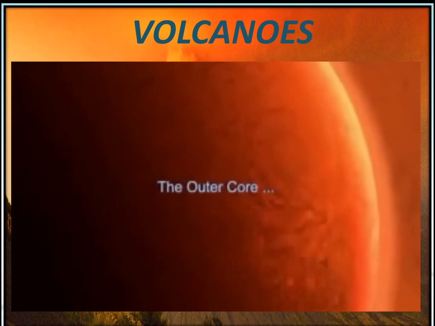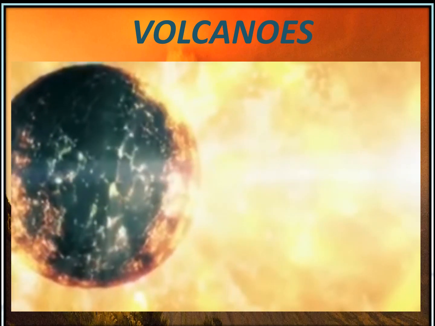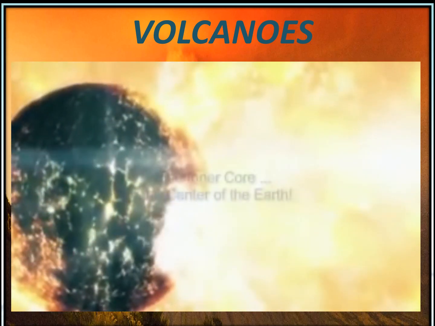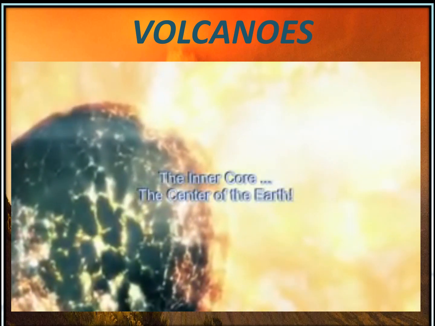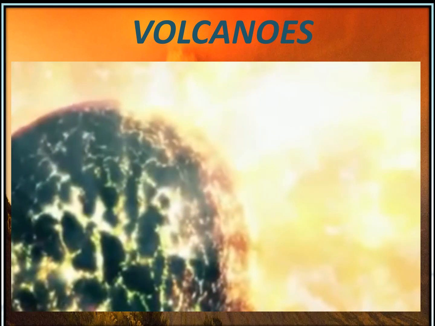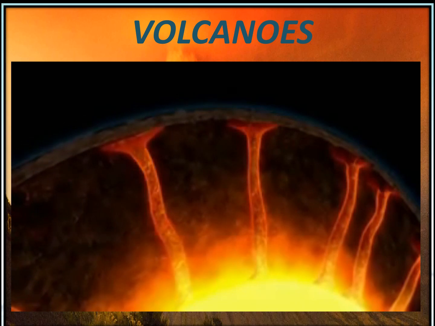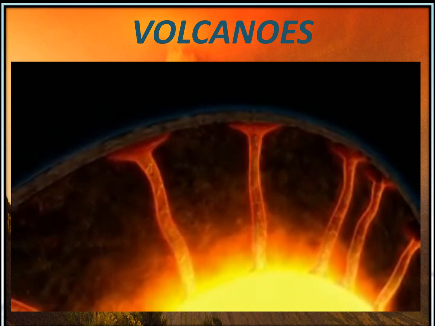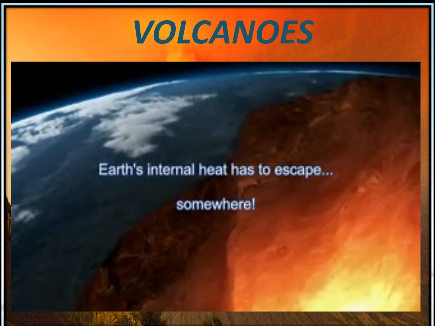And this is our outer core, which is continuously floating, in liquid form, and the hard inner core, the center of the earth. And as we know, the earth's interior heat has to escape somewhere.